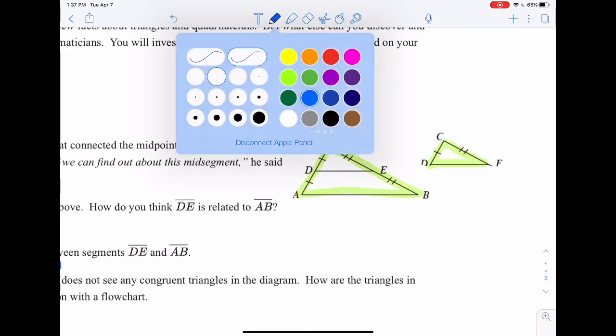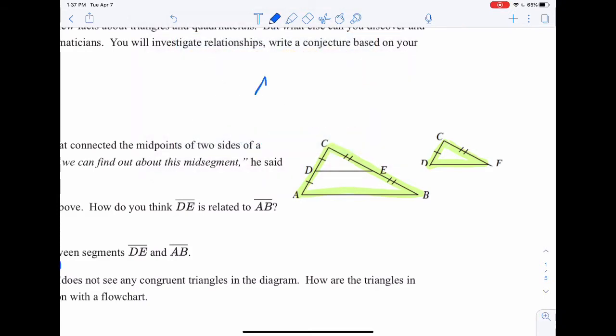If you remember, there are 3 theorems we use for proving similarity: angle-angle similarity, side-angle-side similarity, and side-side-side similarity. By the given information, can we prove that they're similar by any one of those 3? Let's take a look.